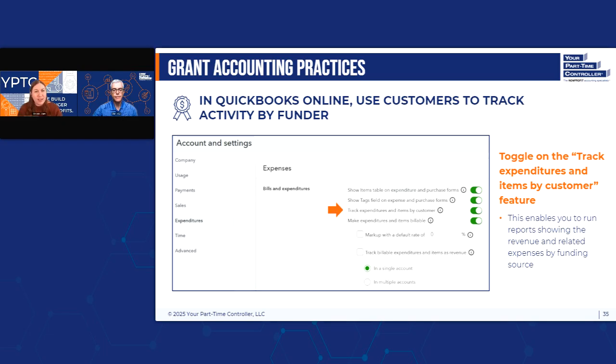In your account settings from the expenditure menu, toggle on the track expenditures and items by customer setting. This will allow you to run a report showing the revenue and related expenses by each funding source. If a grantor provides funds for multiple projects, no problem. You can use classes to track the various projects or set up another dimension, a project within QBO.